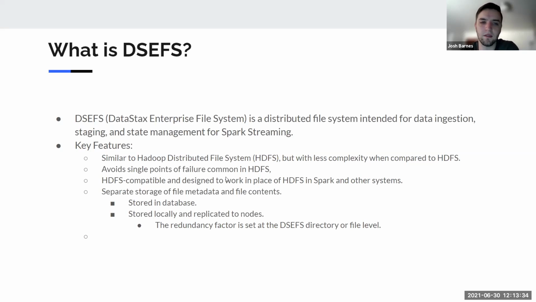A big thing with this is it avoids single points of failure, common with HDFS. It is designed to work with Spark, as you will see. There is a separate storage of file metadata and file contents stored in the database, and it gets stored locally and replicated to nodes.